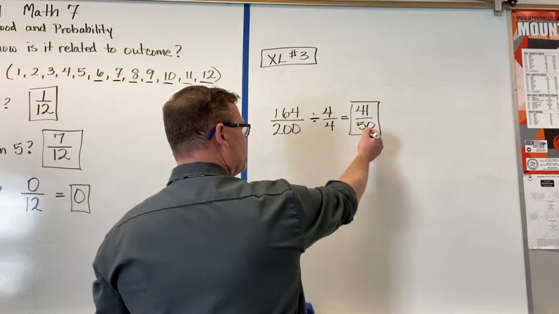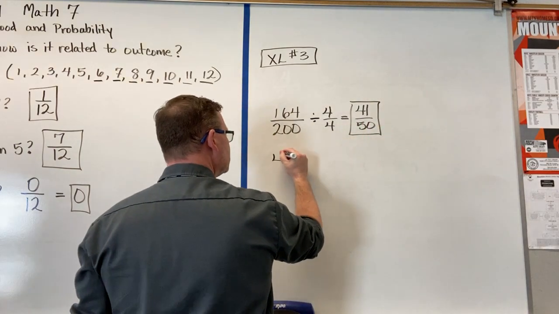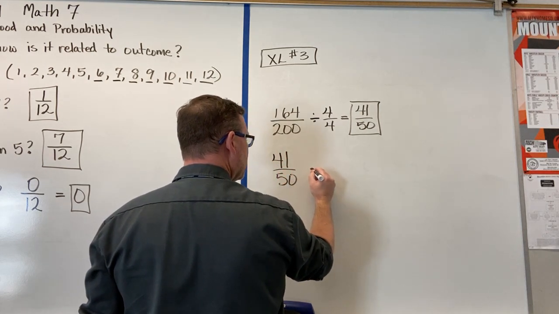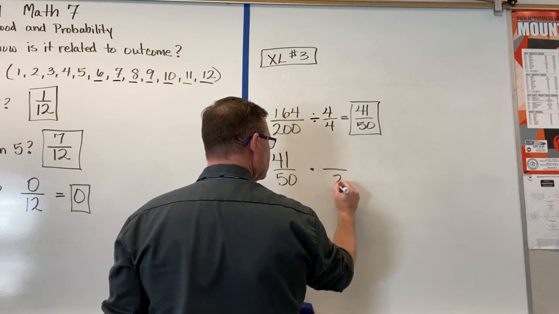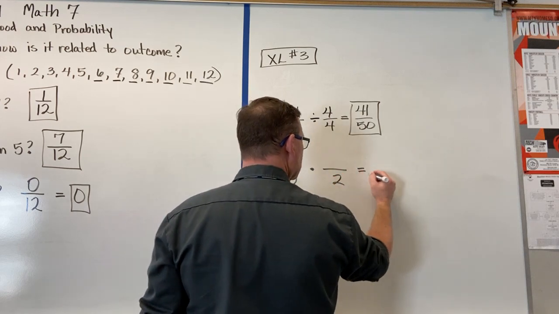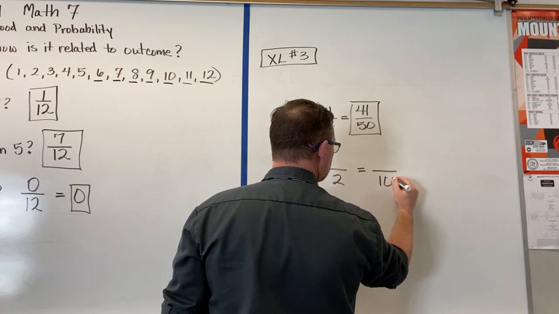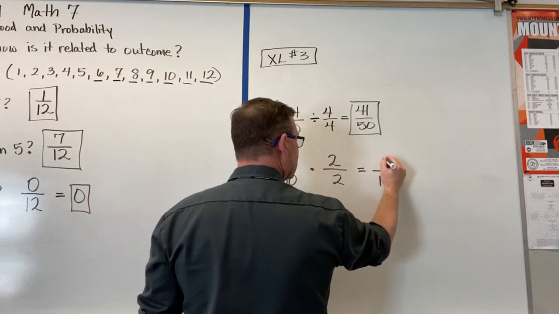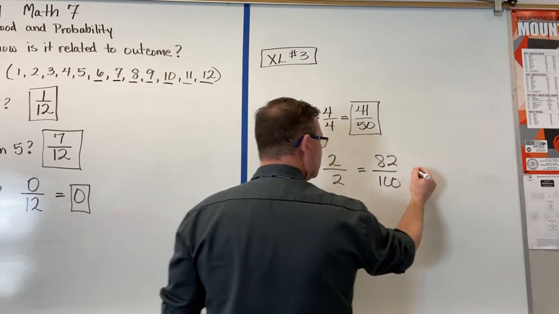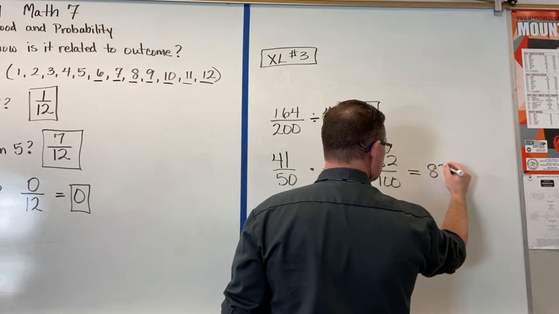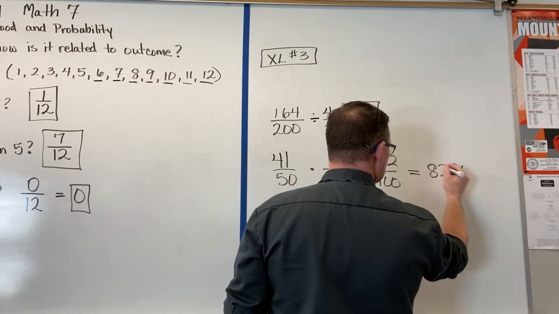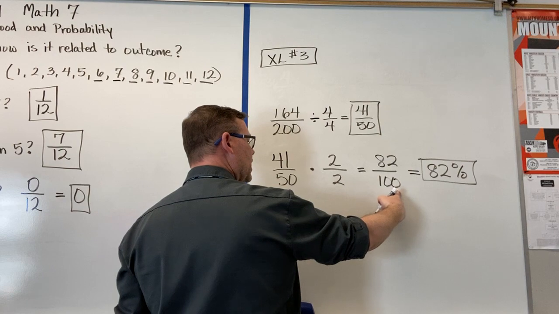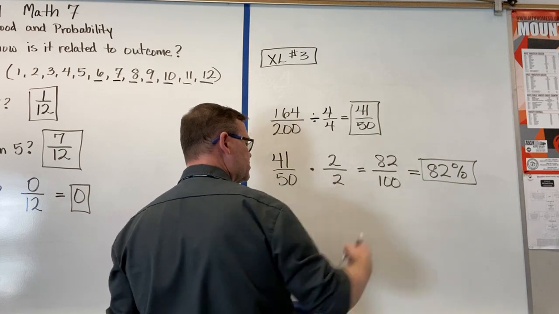So I noticed right away that this bottom one, 41 over 50, if I multiply this by 2, this is going to equal 100. That means I should multiply this by 2 and I get 82. This means this equals 82%. Okay, that 82% probability, because 82 over 100, anything over 100 is a percent.